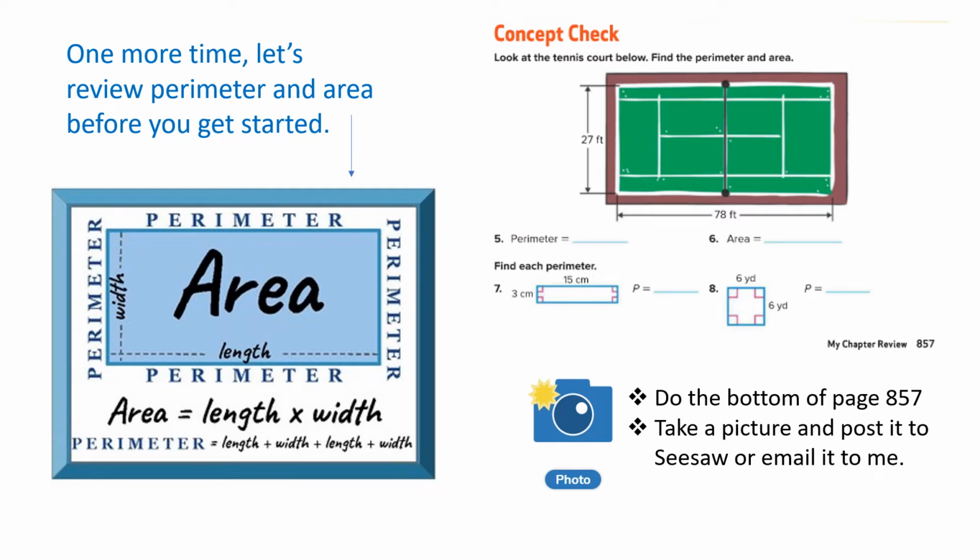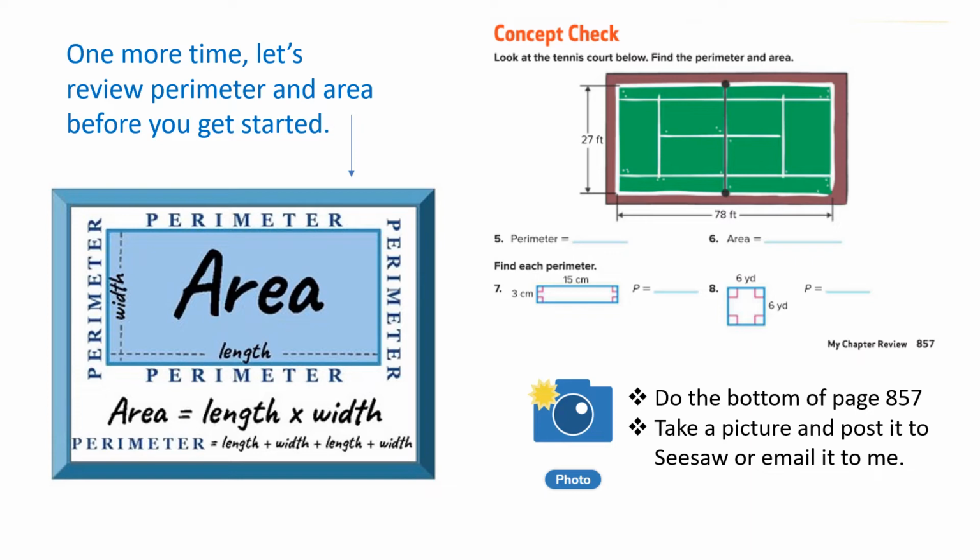All right, now let's continue to the bottom of that page. Just a quick review, because the whole chapter review is about area and perimeter. Look at the blue frame that I have on the left side of the slide. Perimeter is the distance around something. So if you look at the blue rectangle, you see the words perimeter going all the way around.